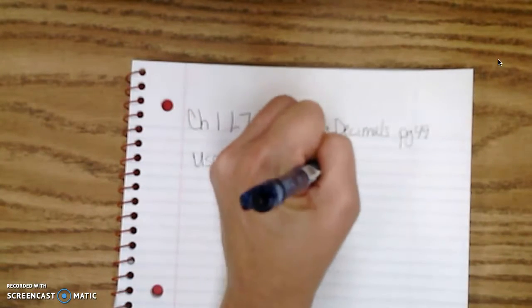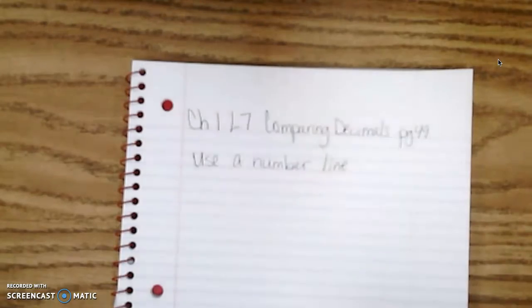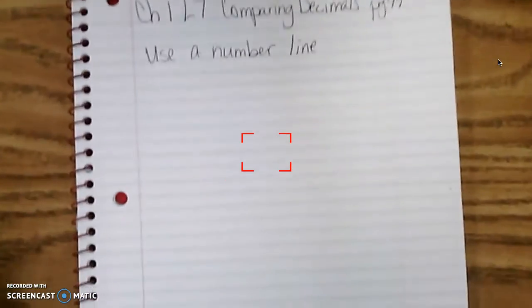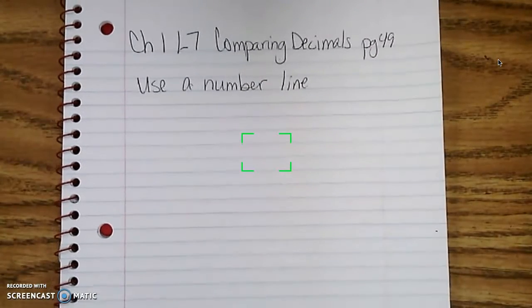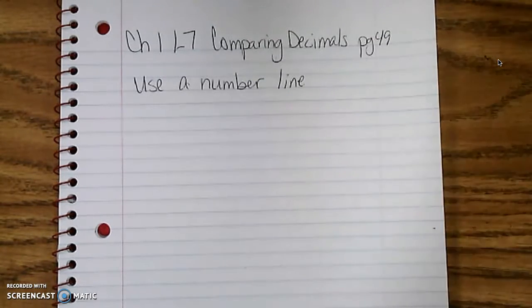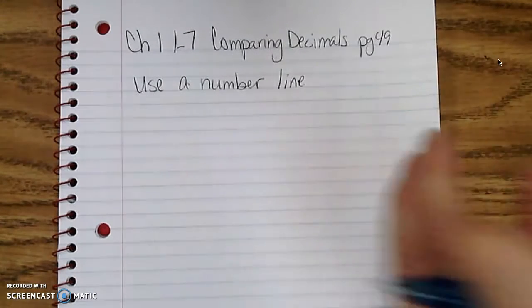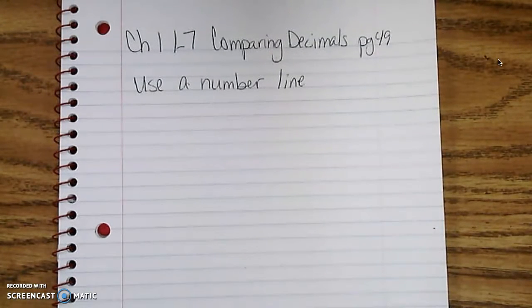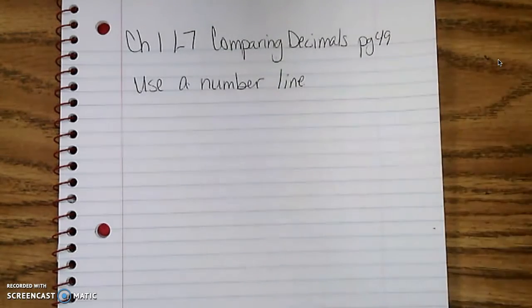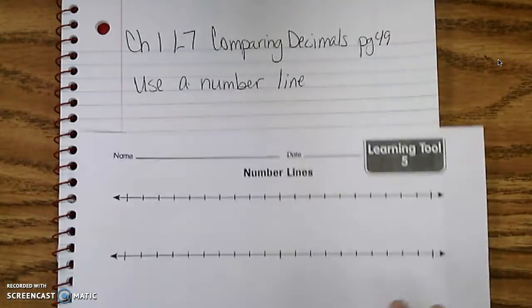Now, if they give you a number line, that's the easiest way to do it, but they don't always give you a number line. Sometimes you have to create one. So I'm just going to use one of the pages from my packet, the one that has all the number lines on it, to help guide my number line.